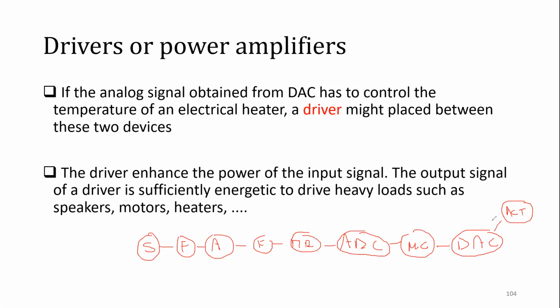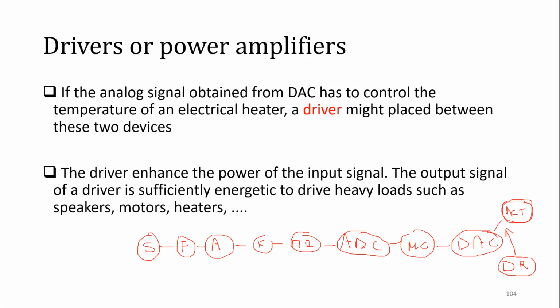And that's all. You cannot actually connect the DAC directly to the actuator, because the actuator usually needs a lot of current, a lot of power, like the heater needs a lot of power to work. So between the DAC and the actuator, usually you put another circuit, which is called a driver. Okay, drivers are very common in motors and other power devices. We will maybe look into it a little, but maybe we don't have time to look into it much.